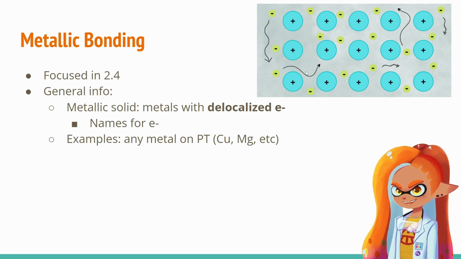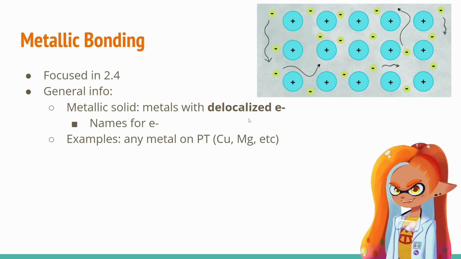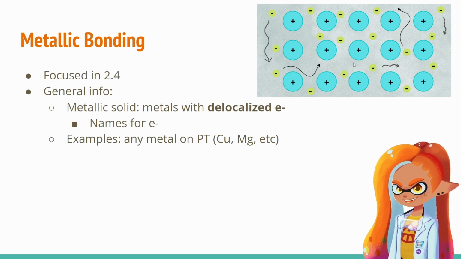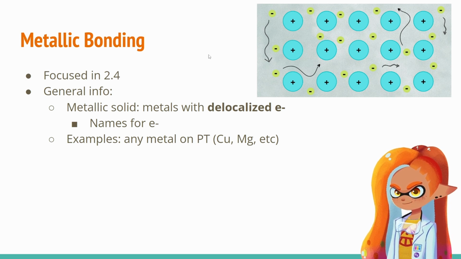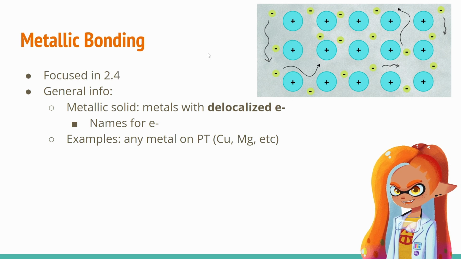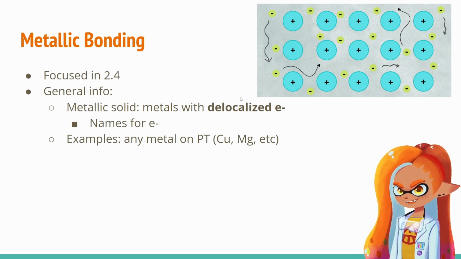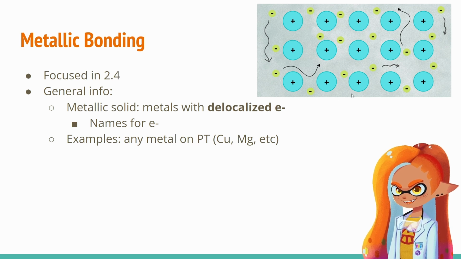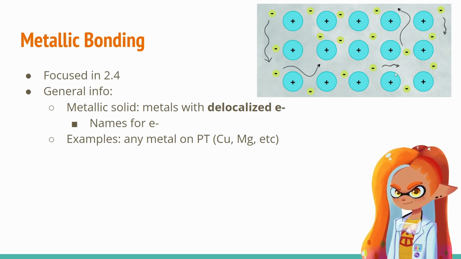And then we have something called delocalized electrons. So you can see in this picture, these electrons and the arrows are showing movement. So that means these electrons can move around freely. They're kind of flowing wherever they feel. And so delocalized is exactly that. The electrons can move around and flow around this metal solid.